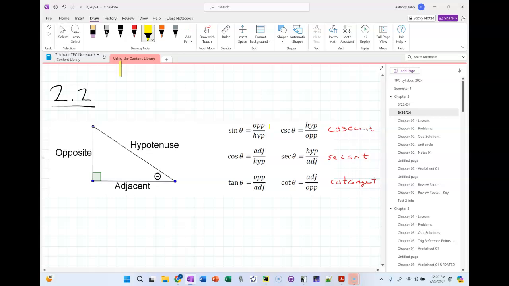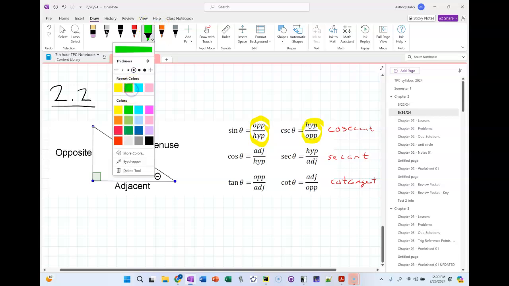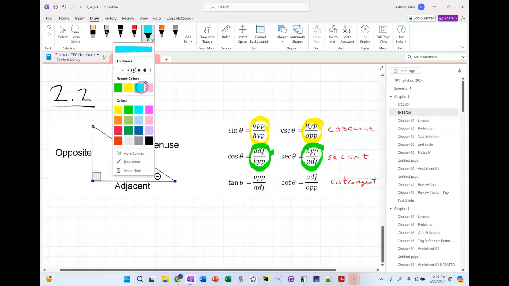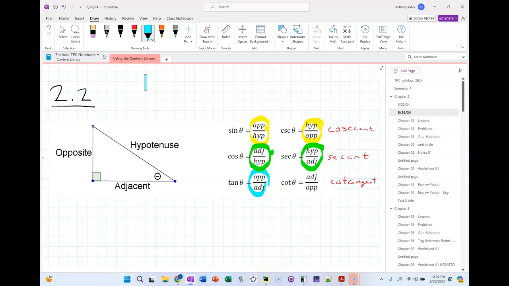If I look at the definition for sine and cosecant, do you notice anything about those 2 definitions? Great. When we say things are flipped in mathematics, we have a special term for that. It starts with an R. Reciprocals. Yep, exactly right. What about cosine and secant? They're reciprocals. And tangent and cotangent?